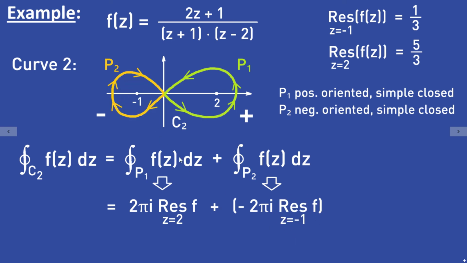Don't forget the minus sign here because of the negative orientation of the curve P2. So don't forget the minus sign. Now this is equal to 2 pi i times 5/3 minus 2 pi i times 1/3.